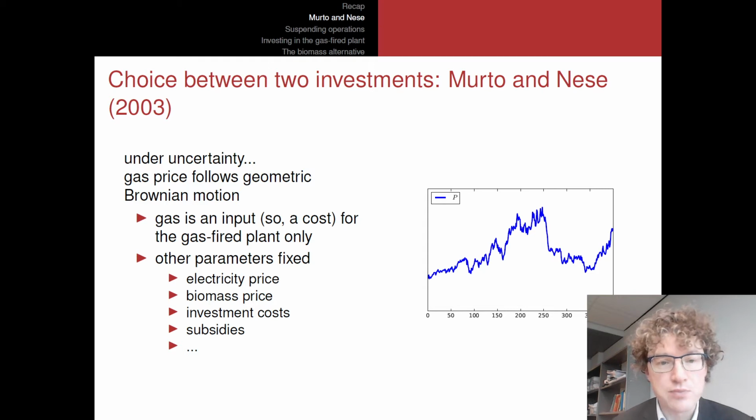So in particular, the price of the electricity that you're going to produce, which is the output of both plants, is going to be fixed. The price for biomass, which is the input for this biomass plant, is fixed. The costs of investment in either of these plants are fixed, and any subsidies that might be there are also fixed. So the only stochastic, fluctuating part here is this gas price P.